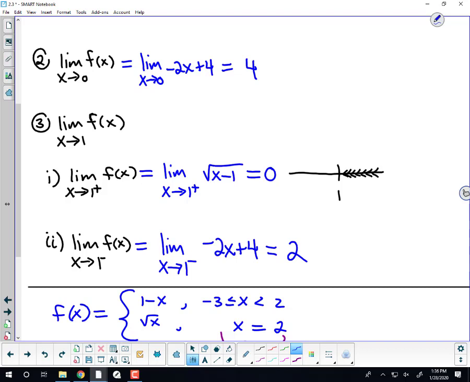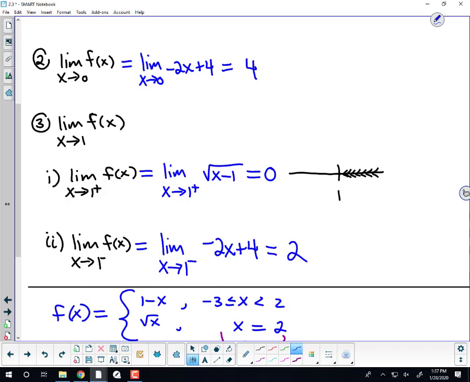Okay, so first of all, what does that tell us about the two pieces of that piecewise function? Are they together or apart? Apart. They don't connect. It's not the same y value here. So what would we say about the limit as x approaches 1? It does not exist. Why?